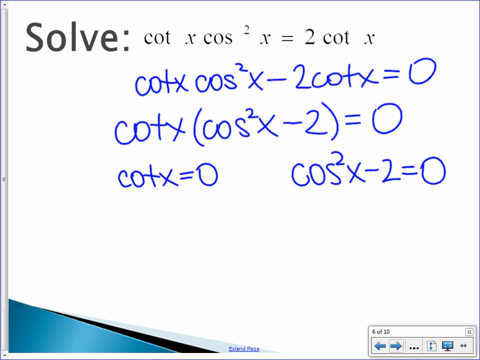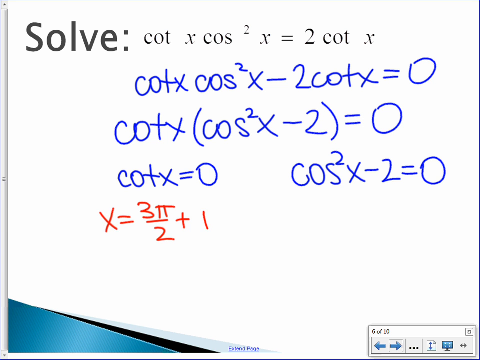Let's see. Michael, tell me a place where the cotangent is 0. Three pi over 2. And what is the period of tangent and cotangent? Pi over b.